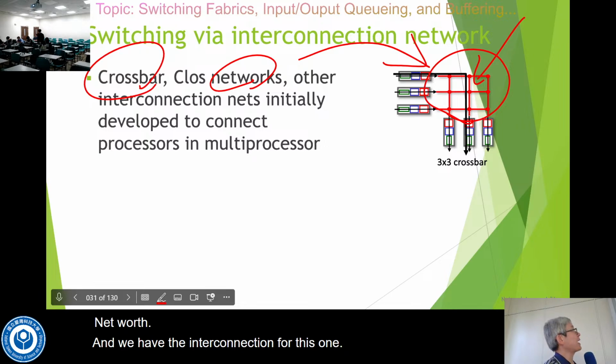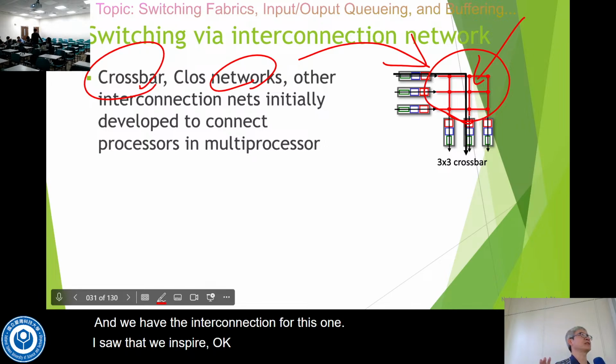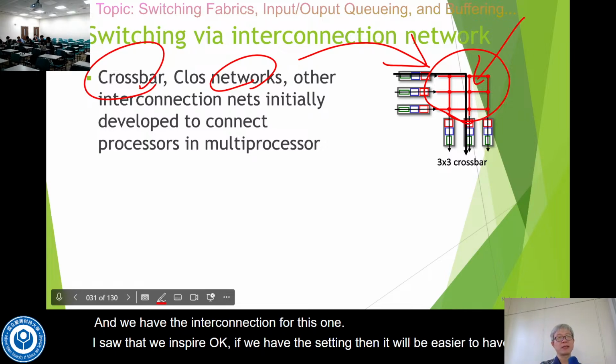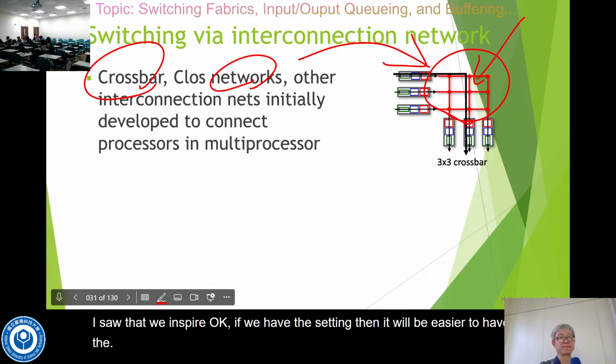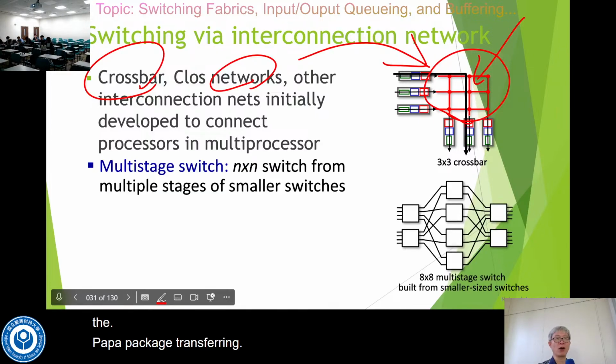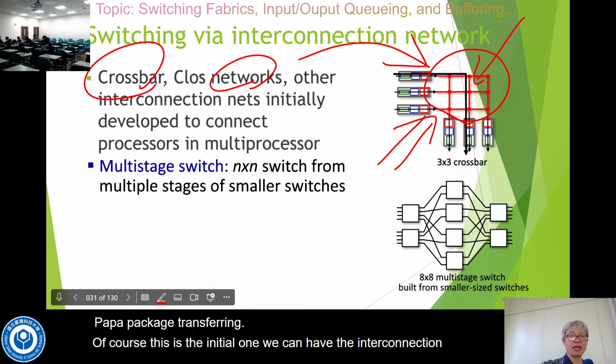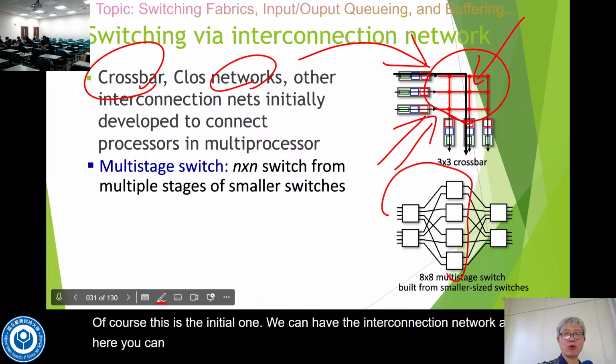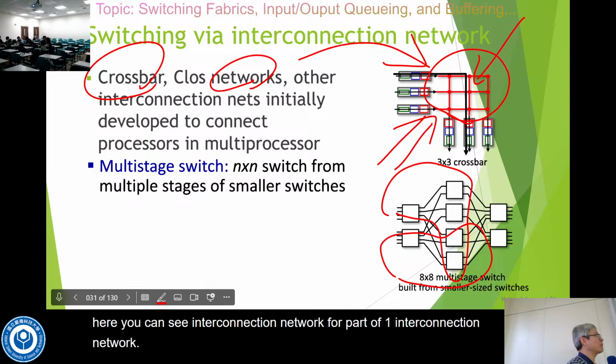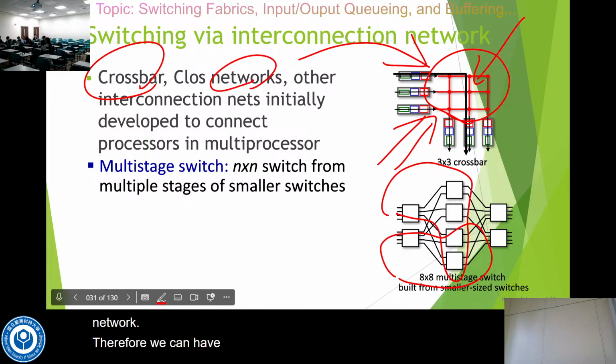And so we expect, okay, if we have the setting, then it will be easier to have the proper packet transferring. Well, of course, this is the initial one. We can have the interconnection network. And here you can see the interconnection network. Therefore, we can have interconnection together.